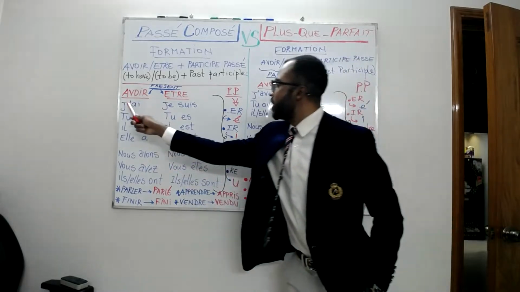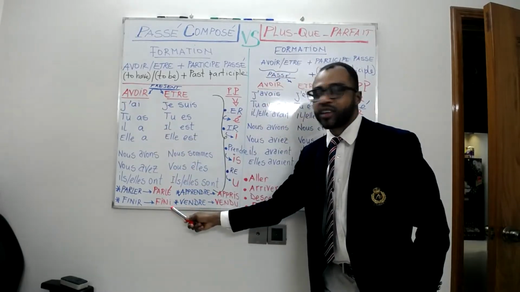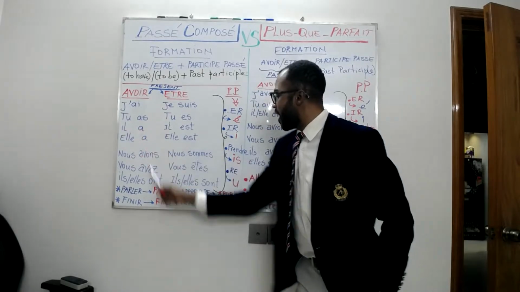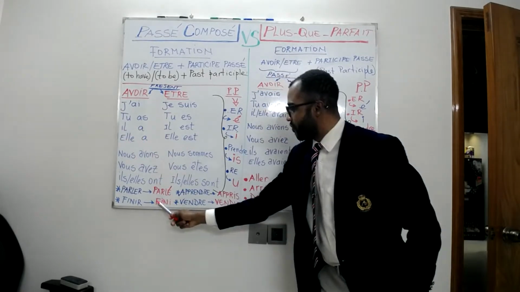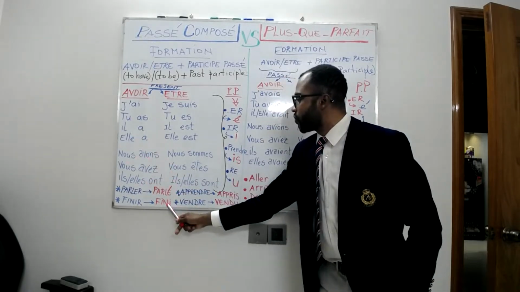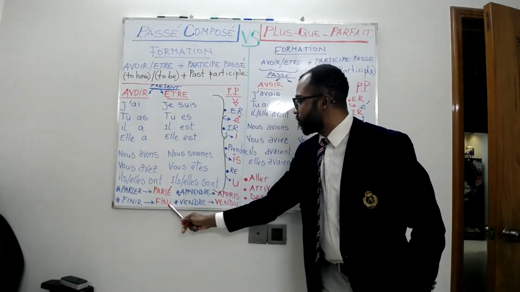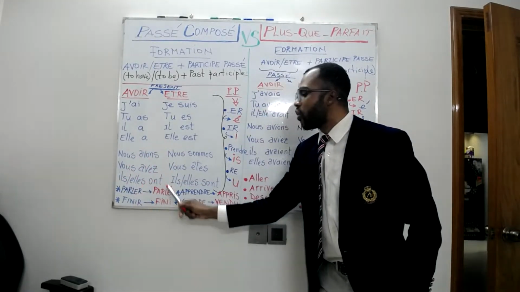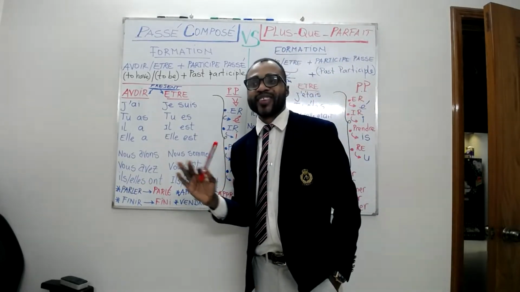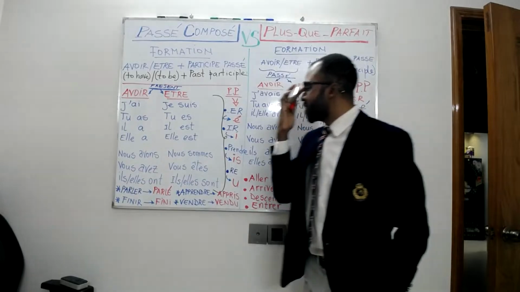So I can say, j'ai fini. Tu as fini. Il a fini. Elle a fini. Nous avons fini. Vous avez fini. Ils, elles ont fini. Est-ce que c'est bon? D'accord. Alors, on continue. Très bien.